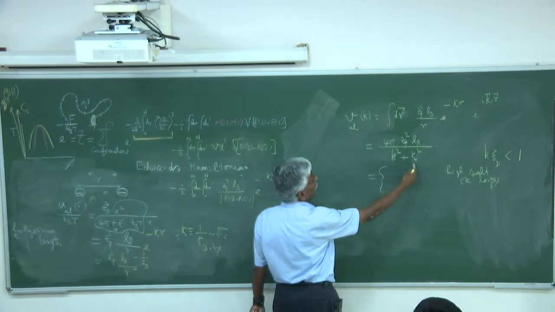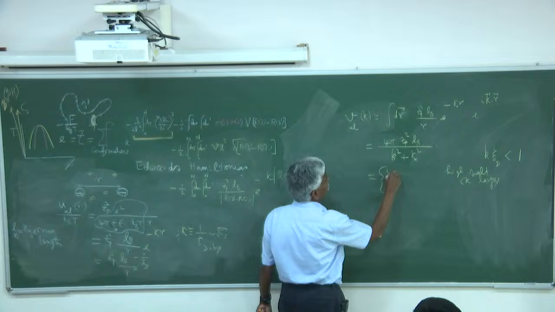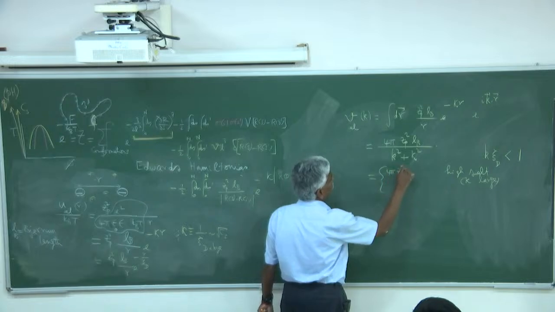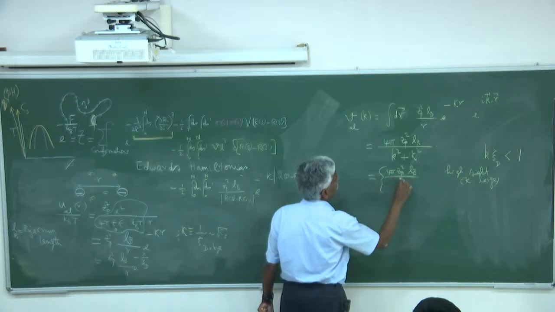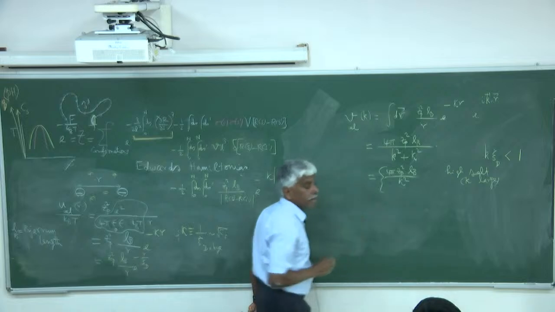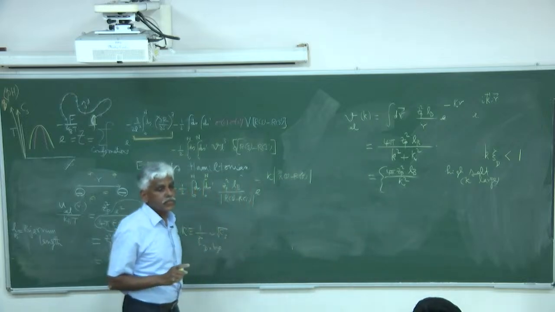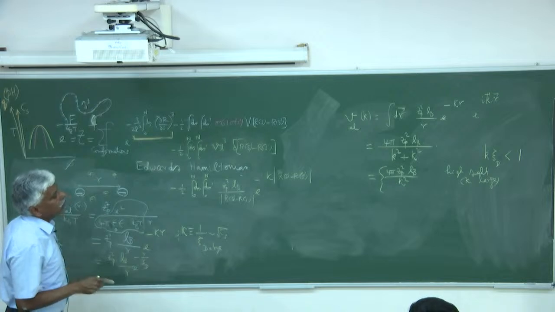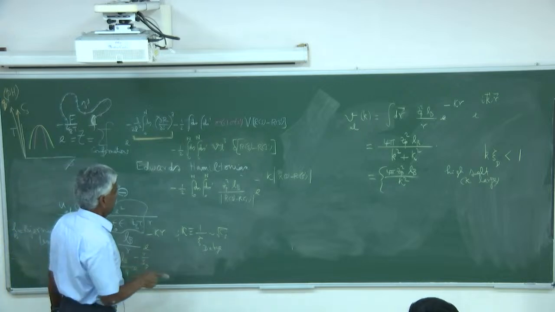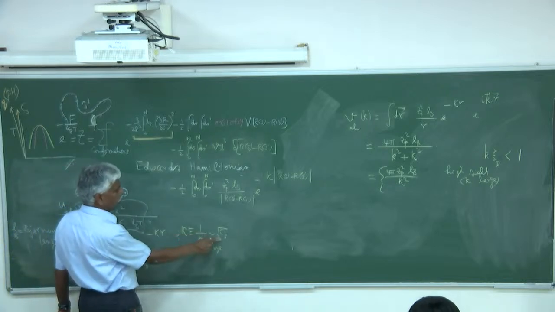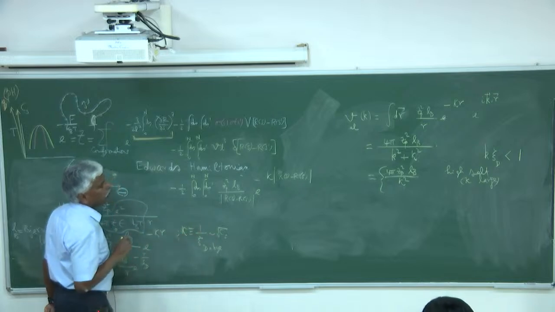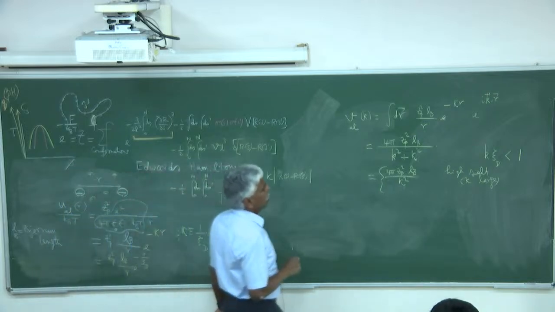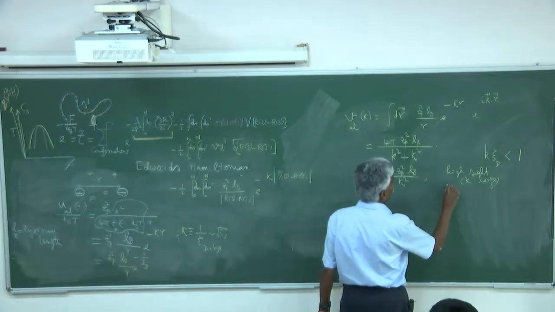Now I get 4 pi Zp square Lb over k square, because the kappa term is not that important anymore. So these are the two limits.